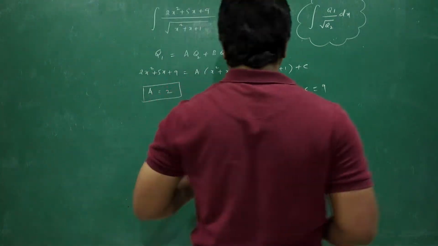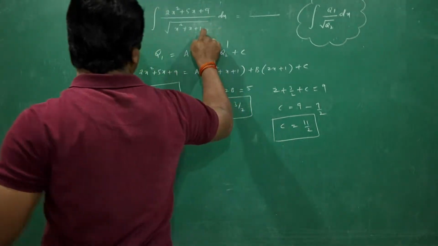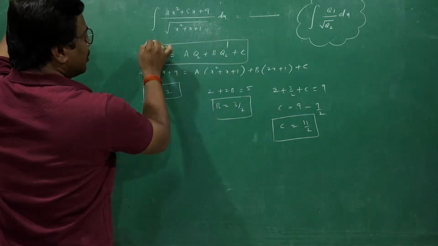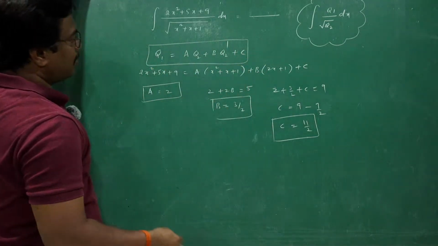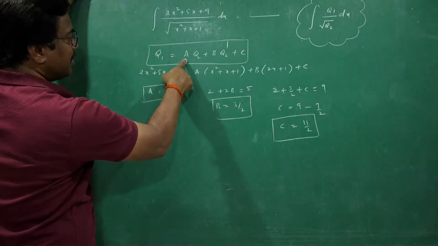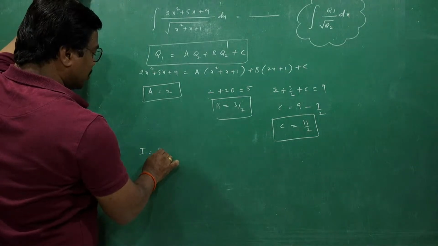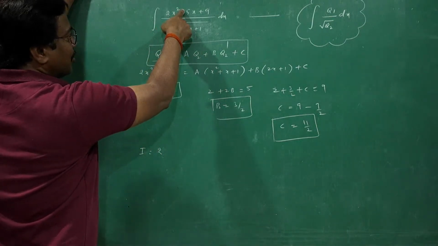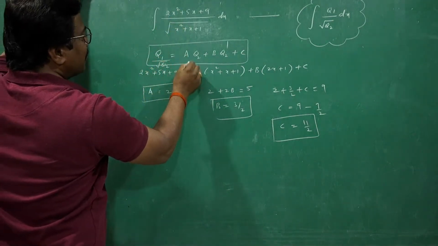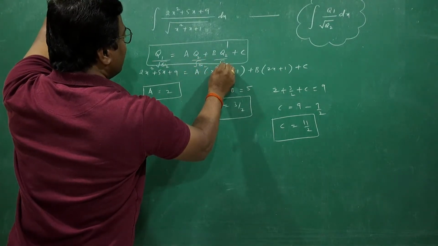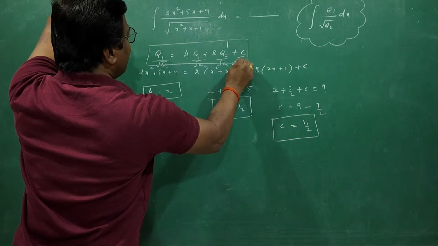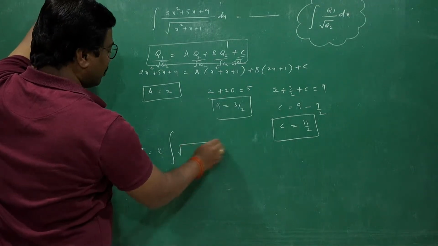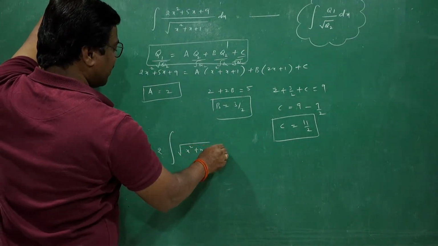Now, after getting a, b, c, when you divide with root over Q2, it changes to the integration of a combination of 3 terms. First one, a into, that is 2 into, divide both the sides with root over Q2. Here we have Q1 by root Q2, so let us divide every term by root Q2 on both sides. A outside, Q2 by root Q2, that is the integration of root Q2, root over x square plus x plus 1 dx.